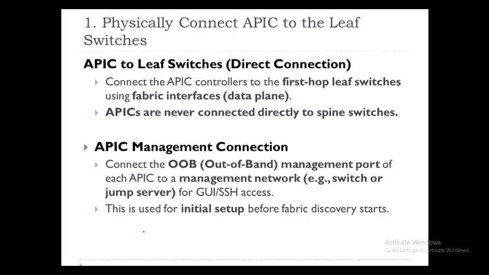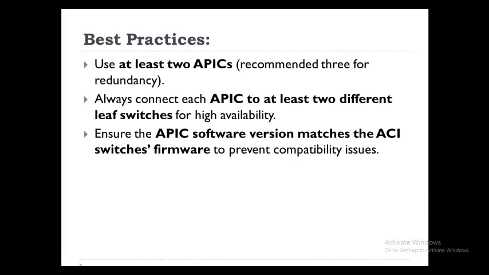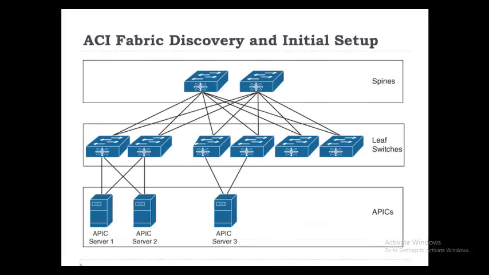The best practice is at least 2 epic. We saw in the picture 3 epic, at least 2 epic. We see here 3 epic. And don't connect both the connections to same leaf. It's useless. Connect to different leaves so that even if this leaf goes down, this epic server 1 will be still accessible via this leaf to discover.